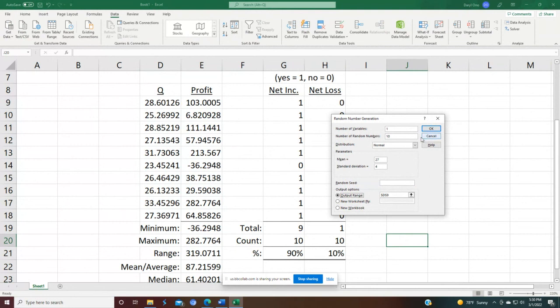I wanted to run 10 iterations, normal distribution with a mean of 27 and a standard deviation of 4.